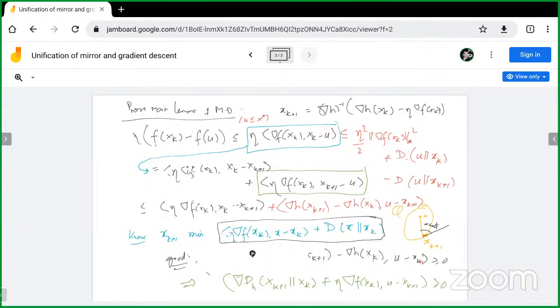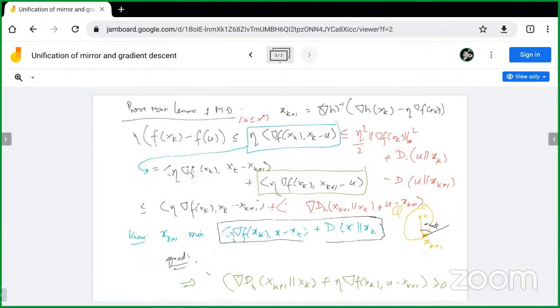And here I just get minus gradient divergence. Okay, so this will be easier to manipulate. We'll see why. So I think there's no minus signs. Plus. Yeah, okay.